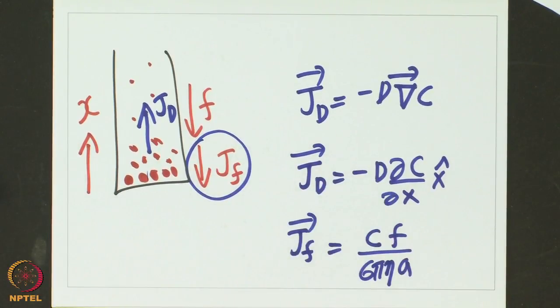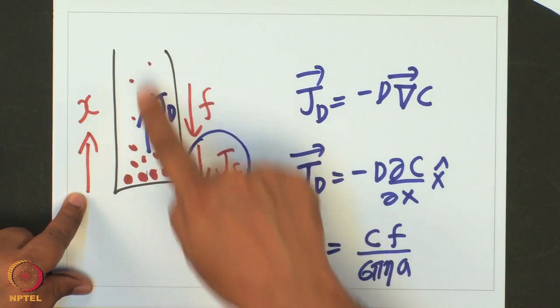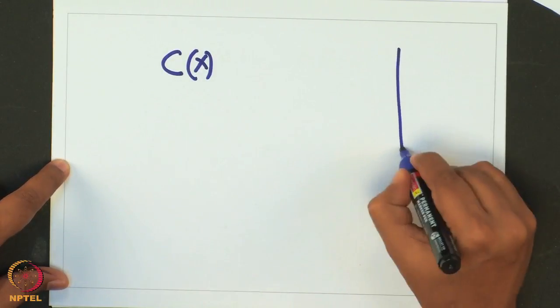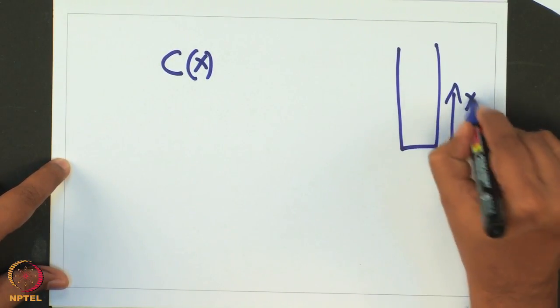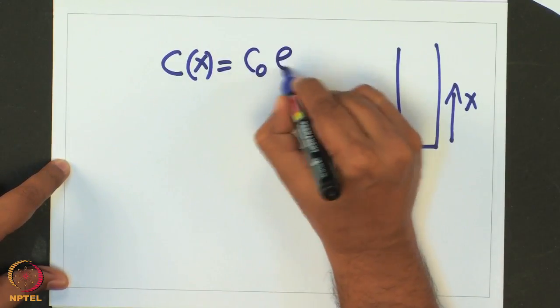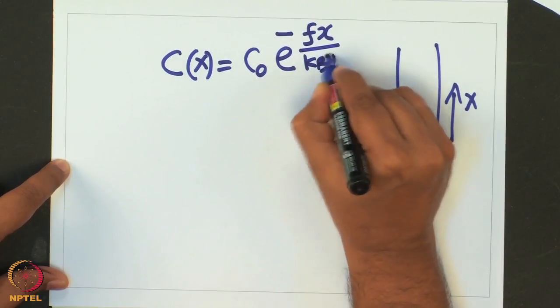So, it turns out that an analysis will show that there is higher concentration when x is here and lower concentration here, and it can be argued, which I wouldn't discuss how it is coming, but from statistical thermodynamics and from other ideas, one can show that C of x, concentration as a function of x, as you go along x would be some concentration C0 e power minus Fx by kBT.